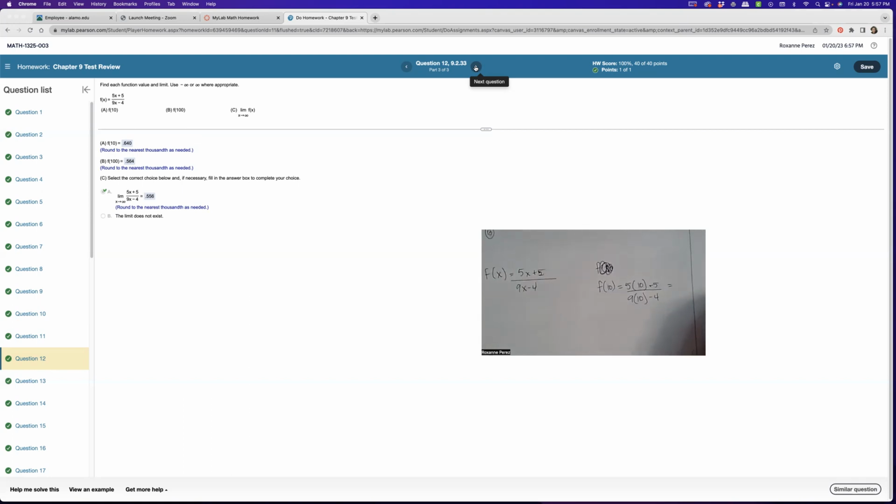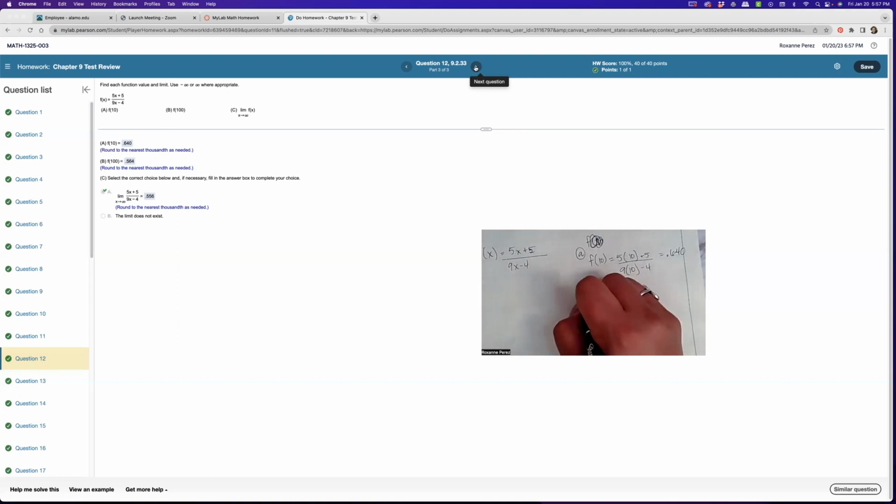And once you calculate that, you're going to get 0.640 rounded to the thousandths place. Part B is asking you to evaluate the function at 100. So f of 100 equals 5 times 100 plus 5 divided by 9 times 100 minus 4.